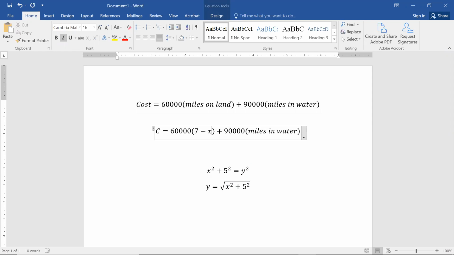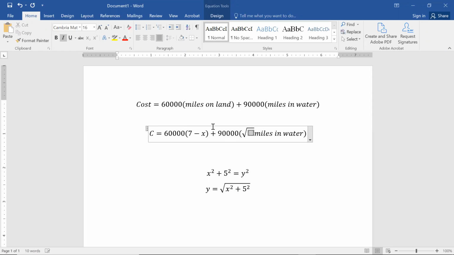We know that the miles on land is 7 minus X. Plus 90,000 times the miles in water. We know that the miles in water is Y. If I want to write that in terms of X, that's going to be the square root of X squared plus 5 squared.